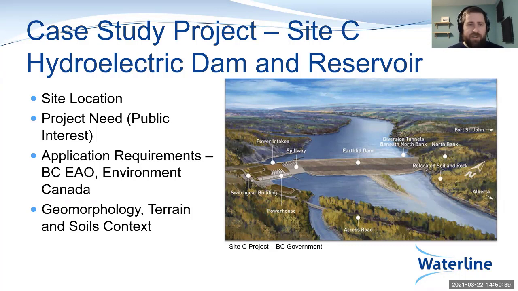And when we're looking at the geomorphology, terrain, and soils for the area, we're looking at the natural hazards, the natural geohazards. So along this river and the floodplain, there's the potential for landslides, landslips, rotational failures.